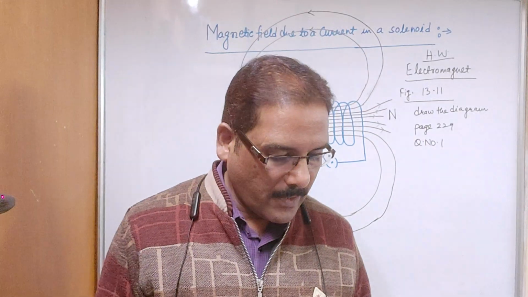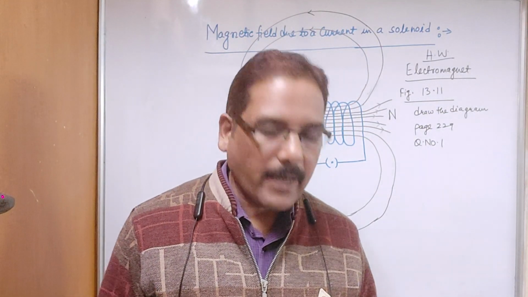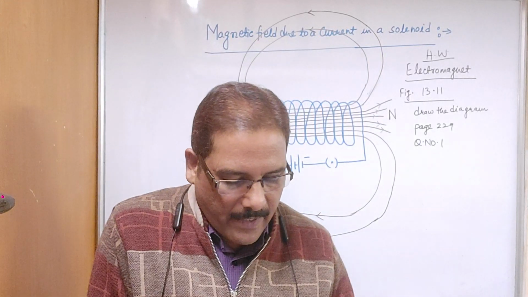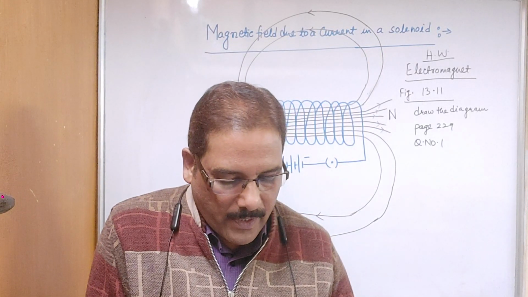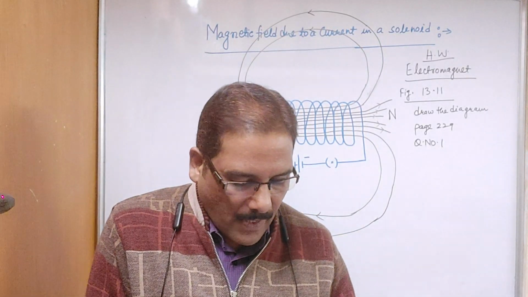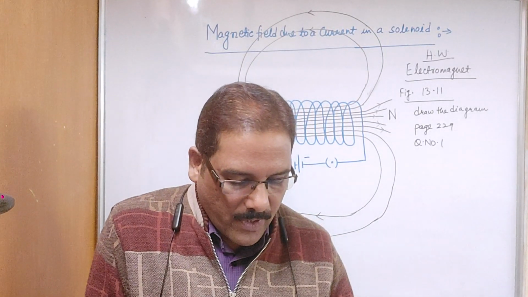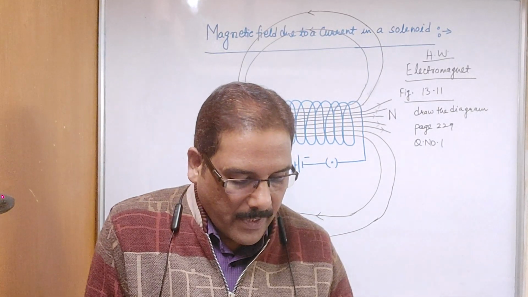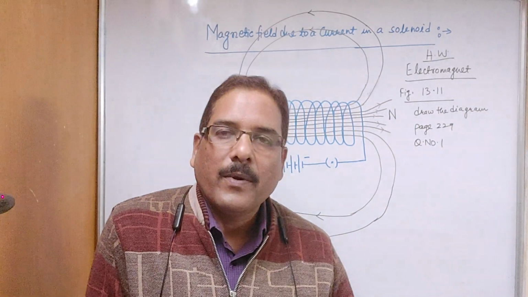Then question number 3. Choose the correct option. The magnetic field inside a long straight solenoid carrying current is zero, decreases as we move towards its end, increases as we move towards its end, and the fourth option is the same at all points.